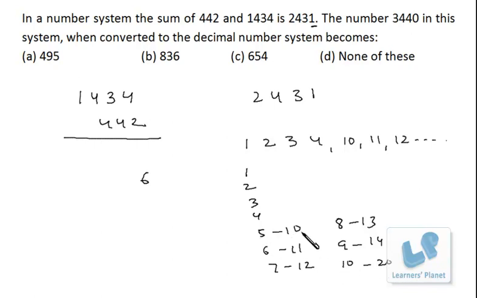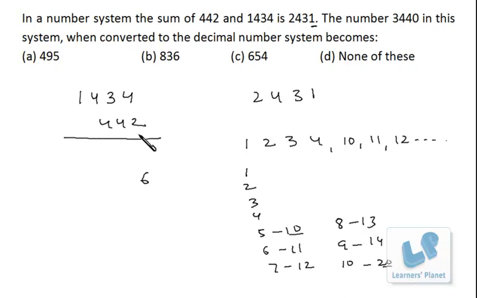So if this 10 is 5, that means this 20 is 10. Okay, so we can make the series like this. But here we do not require many more numbers, so let's conclude it over here.